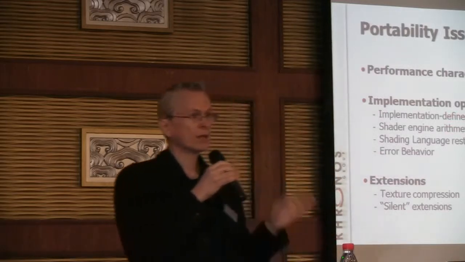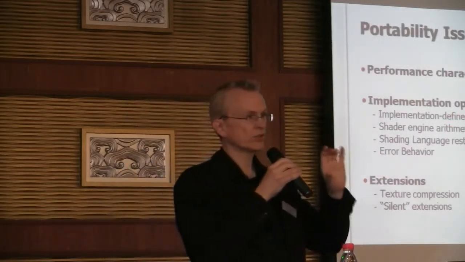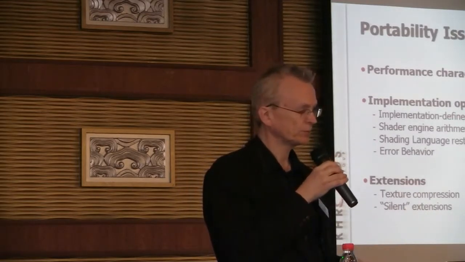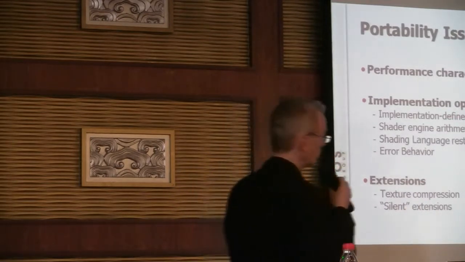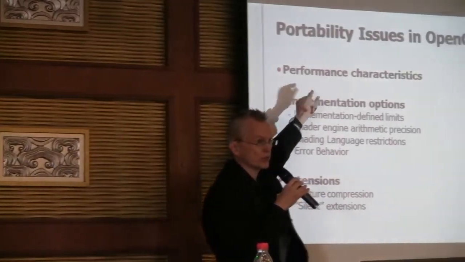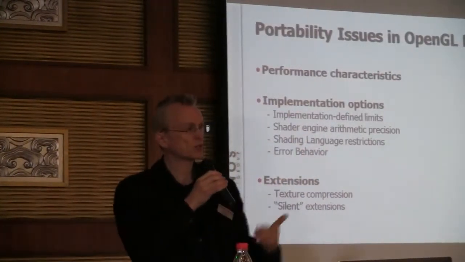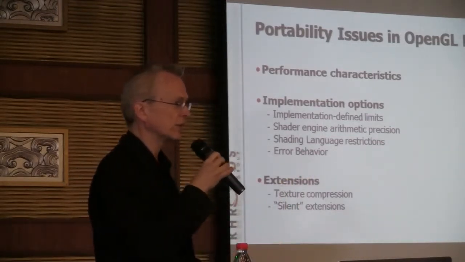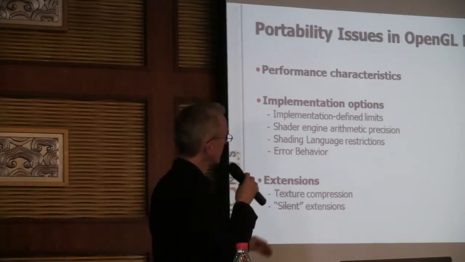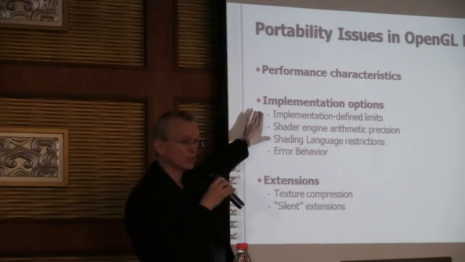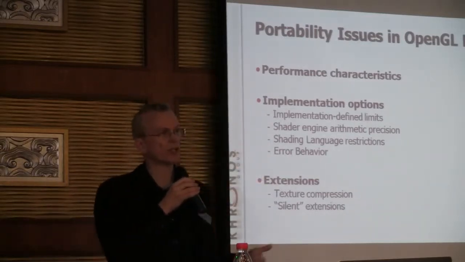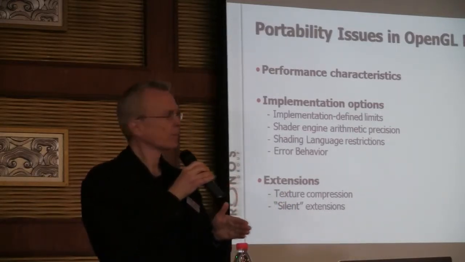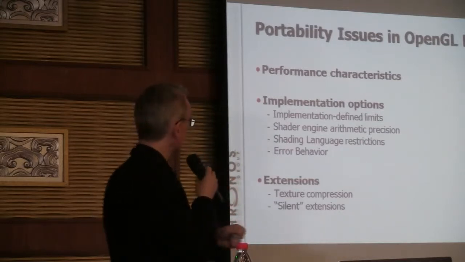So now we'll look at what are the kinds of differences you can see between OpenGL ES implementations from different vendors. First and foremost, of course, you will see performance differences. Some people want to spend more money and have a faster device. Some want to spend less money and have a slower device. There are also places where the OpenGL ES specification allows freedom in how much resources you provide. I'll give examples of those in a minute.